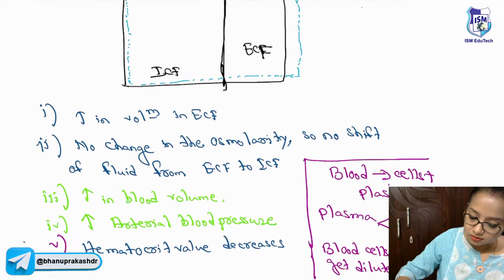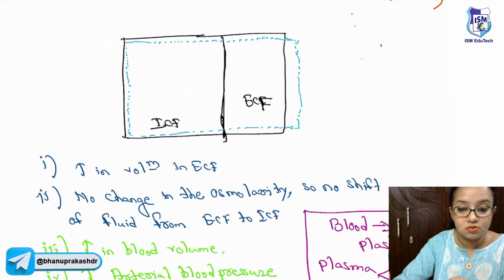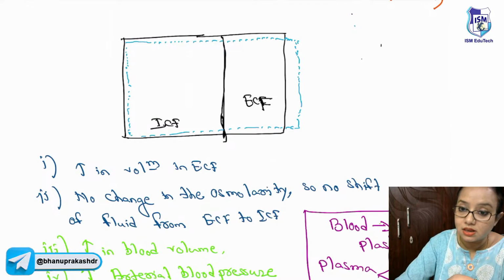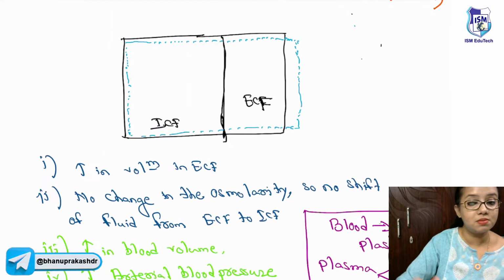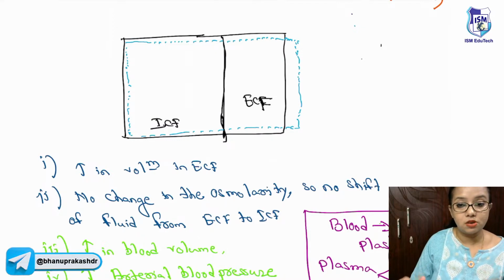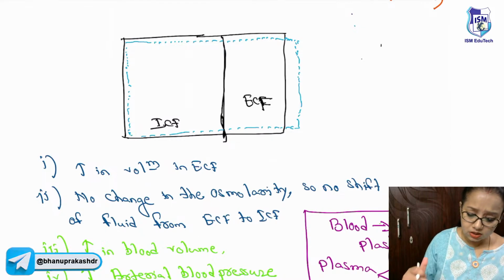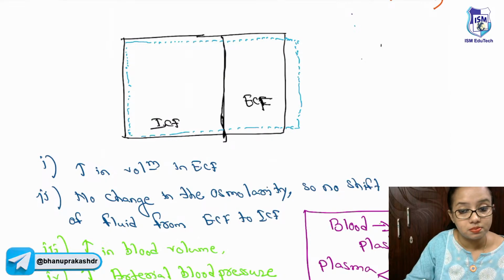I repeat, when there is infusion of normal saline, what will happen? No change in the osmolarity, because the osmolarity is the same as what we have in the body. That's why it is called isotonic, right? But the volume will increase, and the increase will be only in the ECF, because the osmolarity is the same. If the osmolarity was different, then there would have been movement of fluid from one compartment to another.